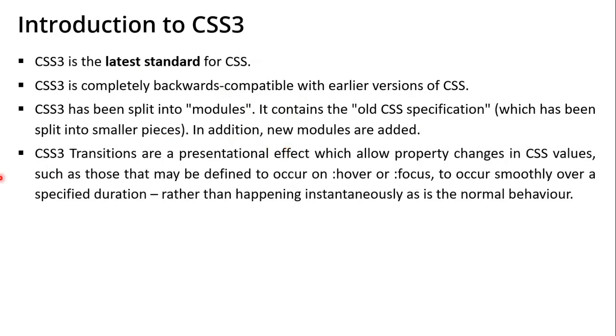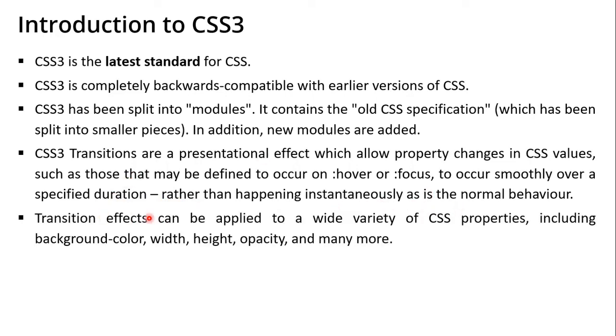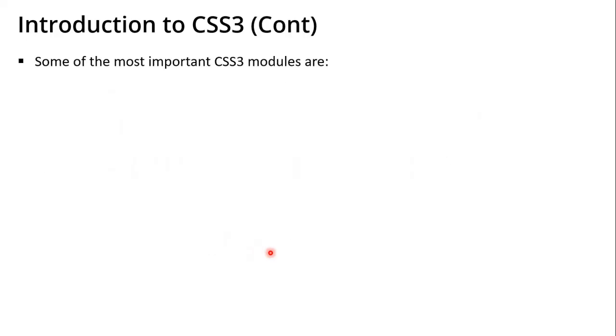CSS3 transitions are an effect which allows property changes in CSS values, such as those that may be defined to occur on focus, to occur smoothly over a specific duration rather than happening instantaneously as in the normal behavior. Transition effects can be applied to a wide variety of CSS properties including background color, width, height and many more. Some of the most important CSS3 modules are animations and transitions.